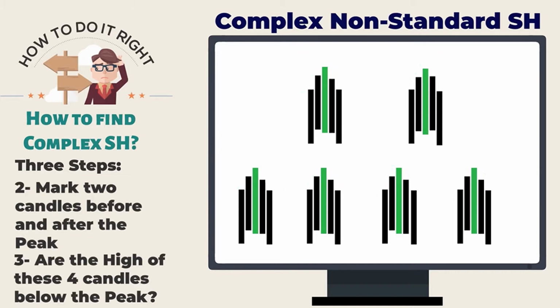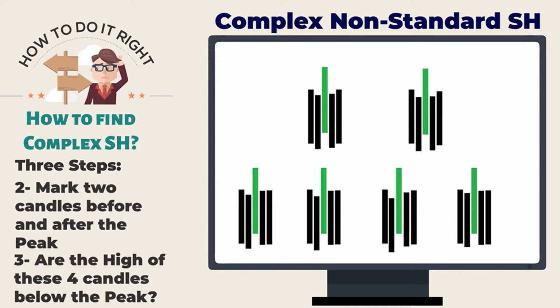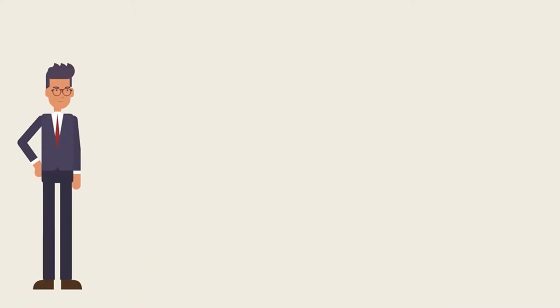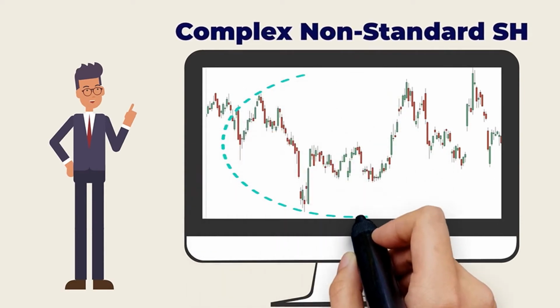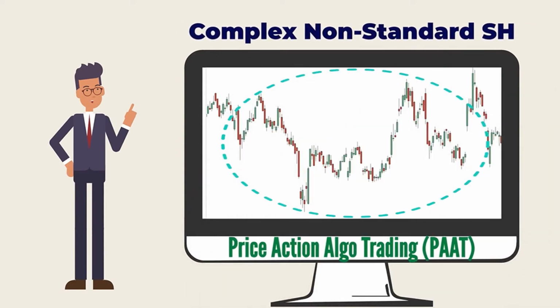That is, regardless of the order of candles, as you can see in these examples. So, let's practice identifying some complex non-standard swing high turning points on price charts next.